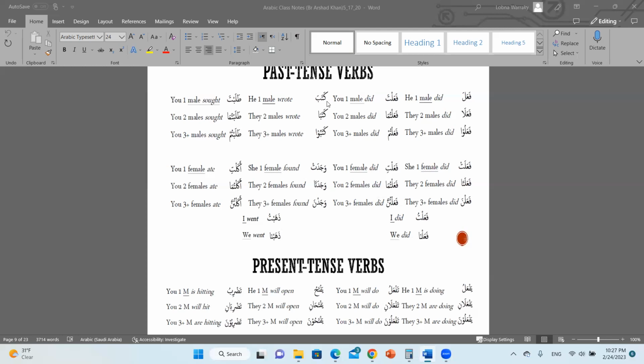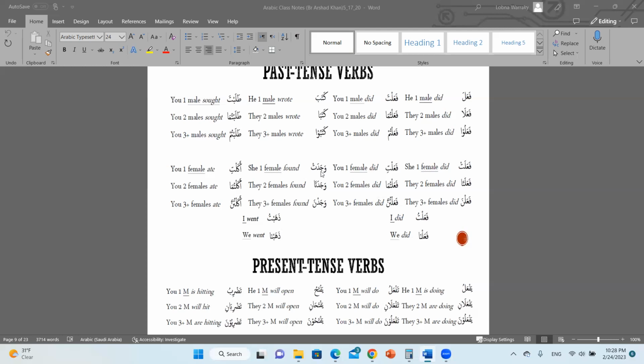So the word kataba is to say he wrote, or to write. If I want to say two people wrote, kataba, the alif is the added letter. I want to say they wrote, for more than two, katabu. The added letter is basically the waw, and obviously the alif comes along. Okay, in this case, you have wajada, which means found.